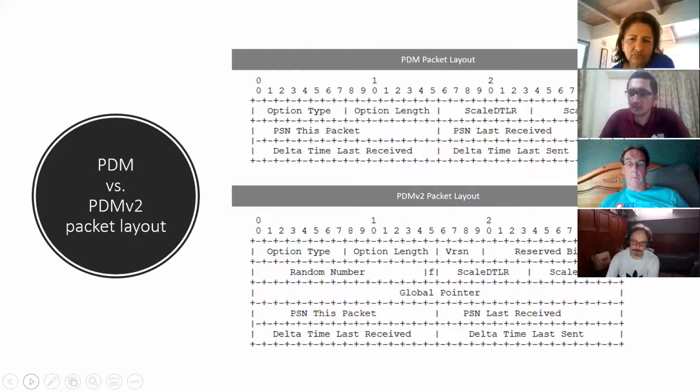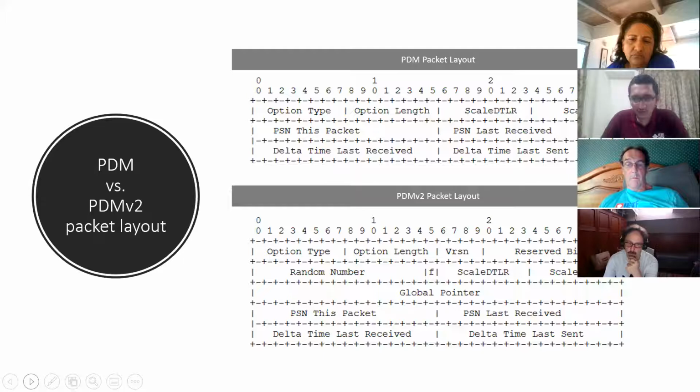We have a version number, we have some reserve bits, random number, then a flip bit and a global pointer. So I'll start from the global pointer. The global pointer is used to measure the amount of traffic sent from the PDM node.